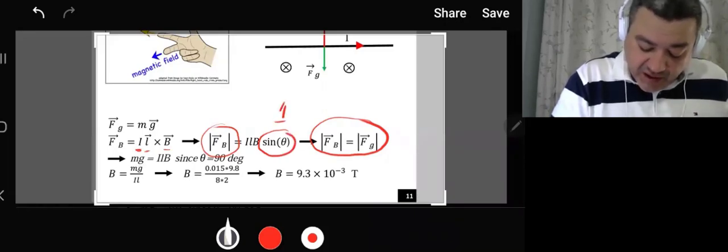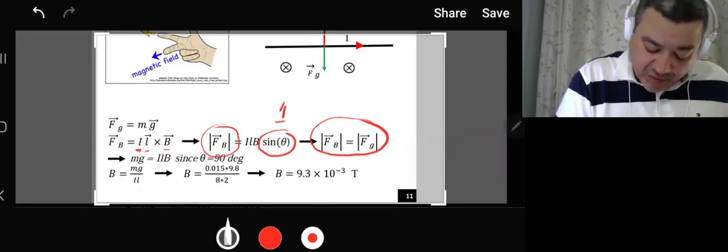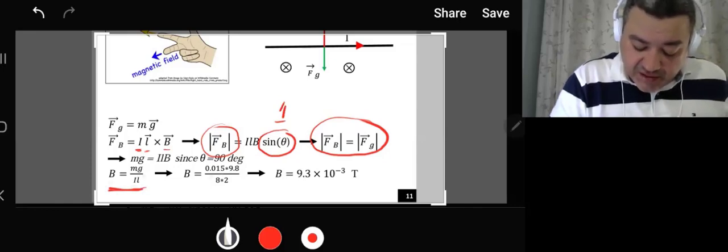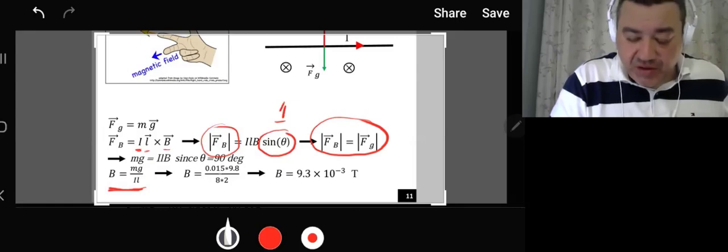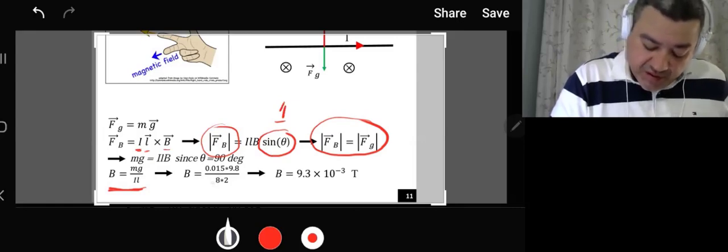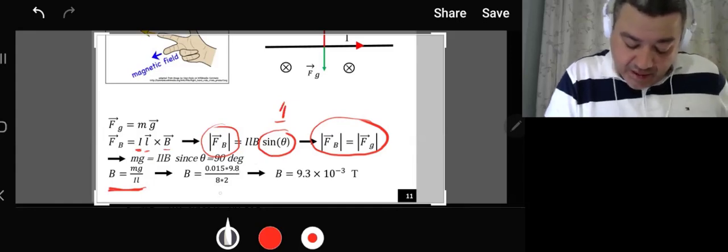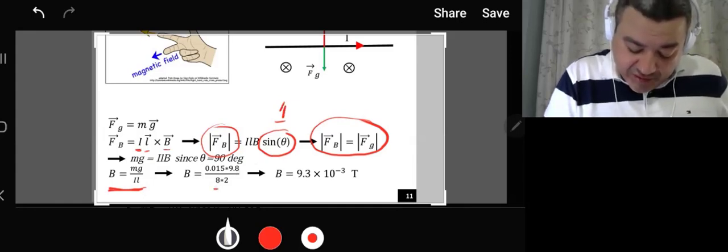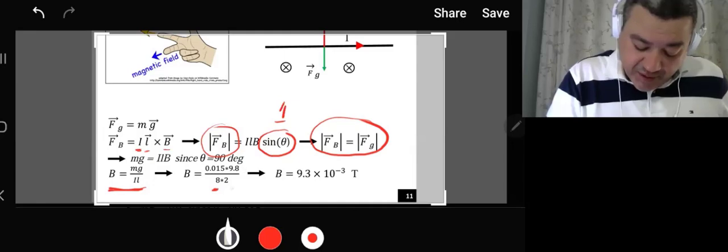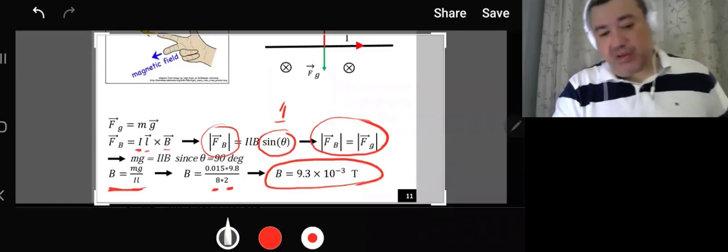So in this case, I have mg equals I L B, and then if I rework the equation, B equals mg over I L. m is 15 times 10 to the power minus 3 in kilograms, g is 9.8, and the current is 8 ampere, and the length is 2 meters, and then the answer would be the magnetic field.